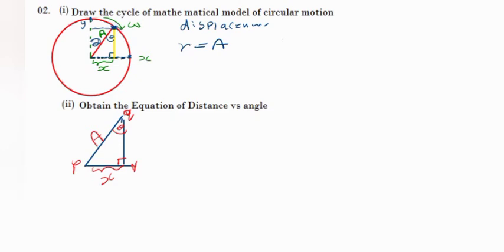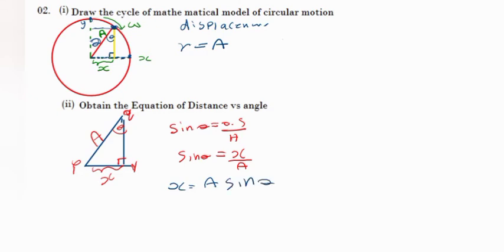So how to get it? Just according to simple trigonometric ratios, sine theta is equal to opposite side over hypotenuse. So here what is the opposite side? It is sine theta, the opposite side is x, and the hypotenuse is A. So when you cross multiply, you can obtain the equation x is equal to A sine theta.